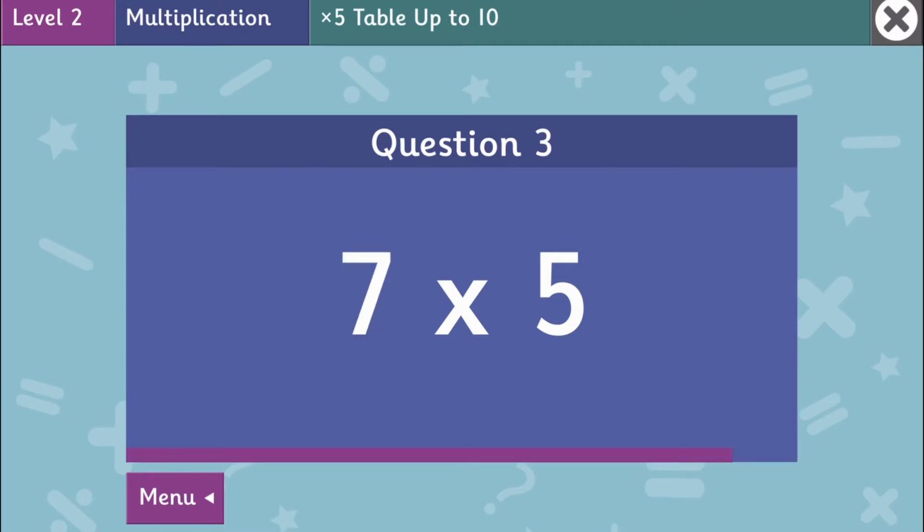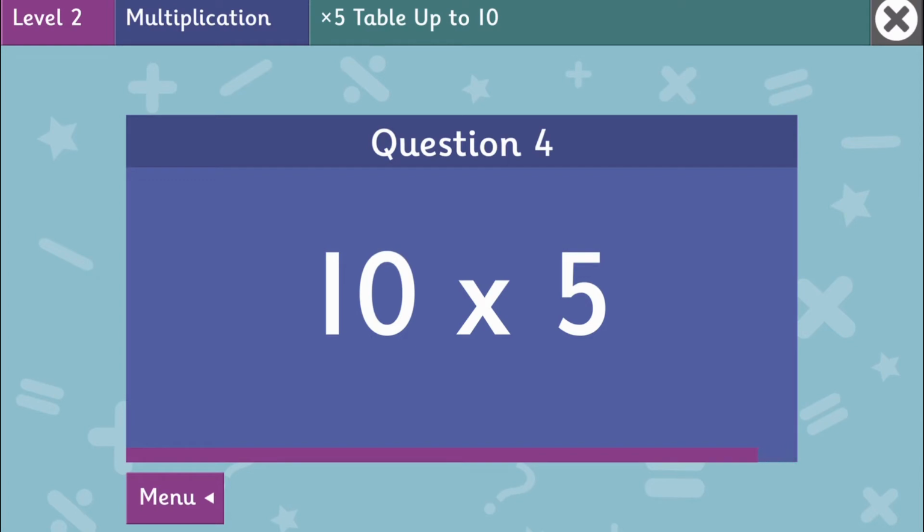Question 3, 7 times 5 or 5 times 7? 7 lots of 5, 5 groups of 7. Question 4, 10 times 5 or 5 times 10?